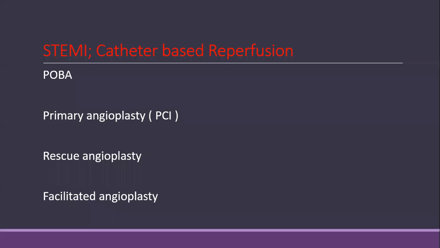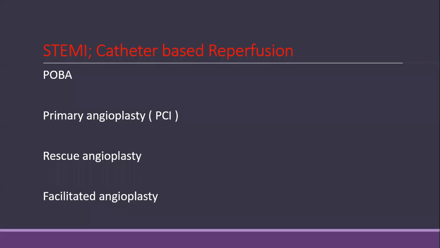These are certain names given to angioplasty. One is POBA, meaning percutaneous or balloon angioplasty. This is a term you must know because you can find it written somewhere. POBA means percutaneous or balloon angioplasty. Initially, when angioplasty came as the treatment of coronary intervention, only a balloon was inflated inside the coronary artery, and no other procedures were done inside the coronary artery.